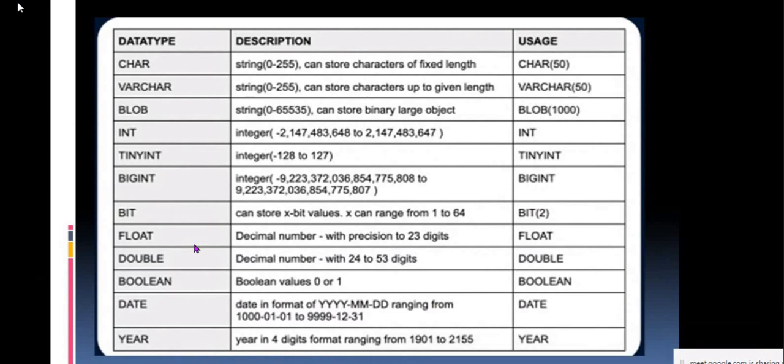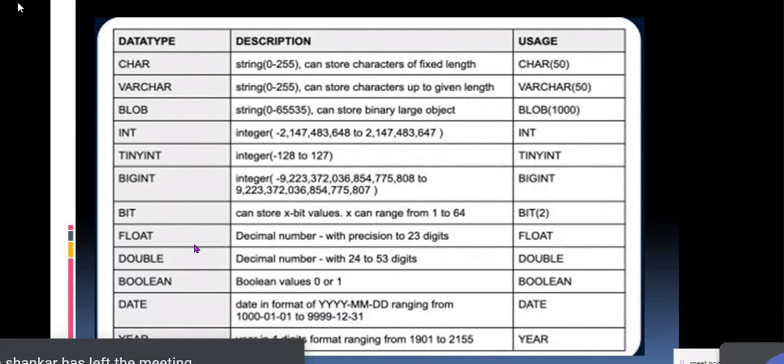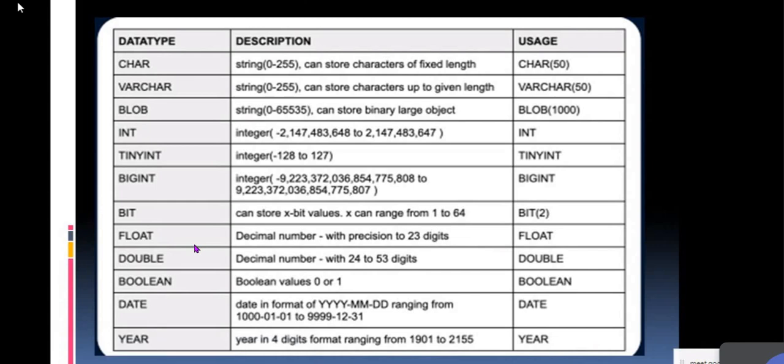For example, I will tell you the difference between char and varchar. In column 1, we have taken 50 length. So in the computer memory, 50 bytes of memory are reserved. If you want to store a city name like Pune, the leftover space will also be reserved. That means an inefficient process is done in the char data type.